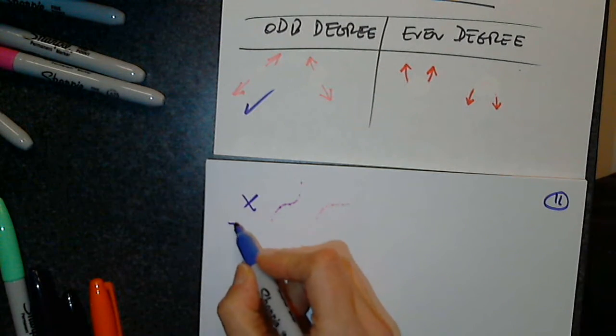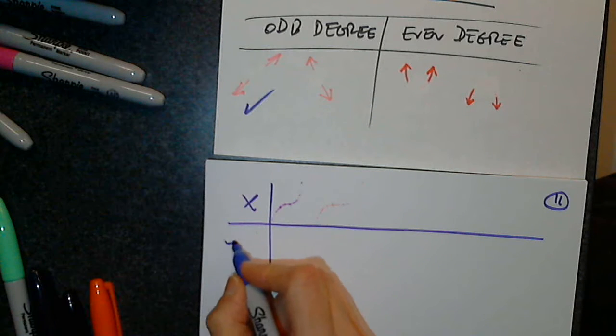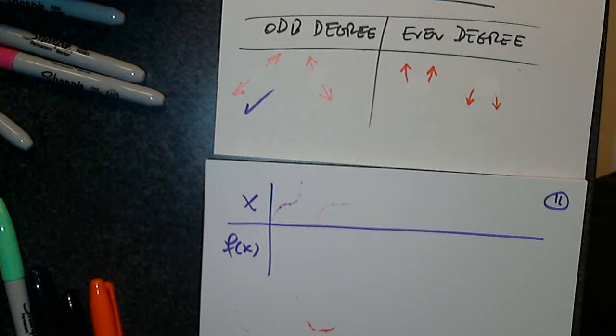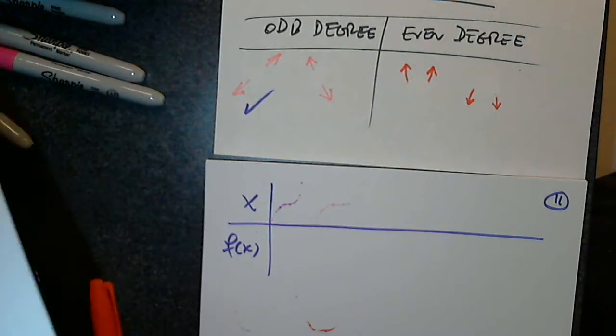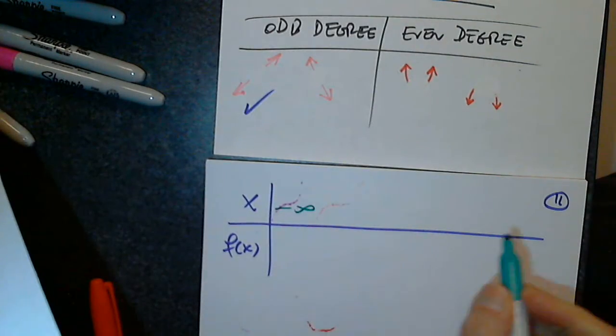Okay, so in my chart, I start with the domain. I'm coming back. I'm not done with those items, but I want to summarize now what we have. So from the beginning, you told me the domain, right? I put it in the chart like we always do: negative infinity to infinity.